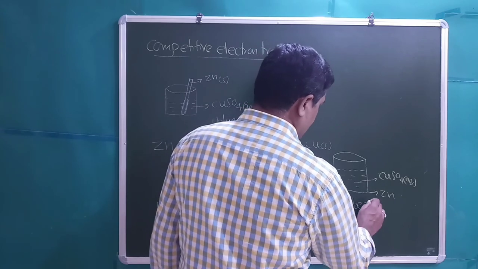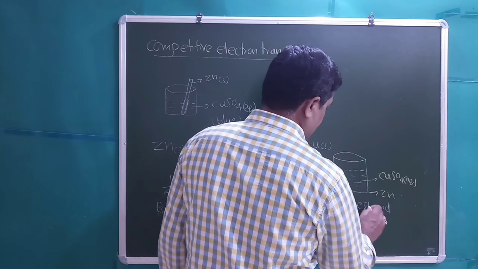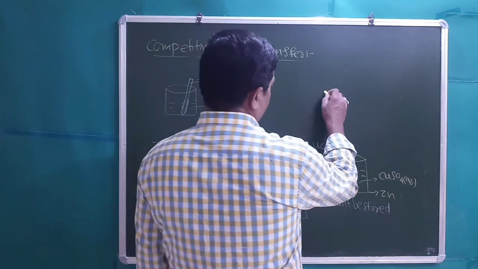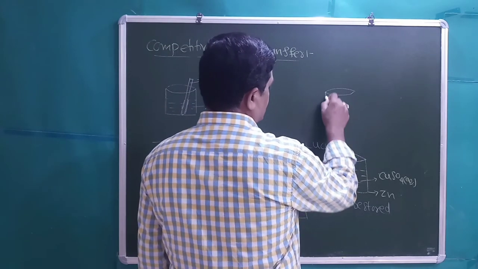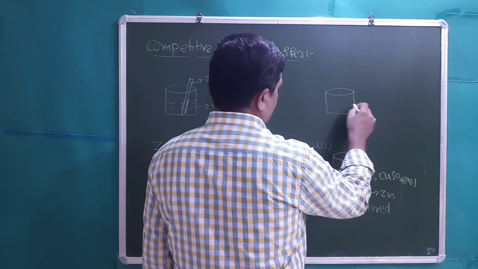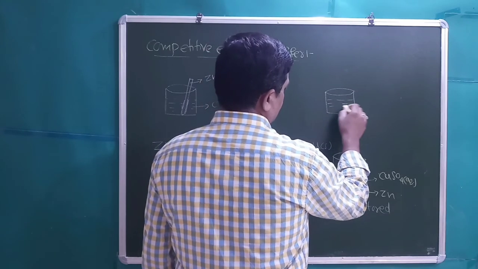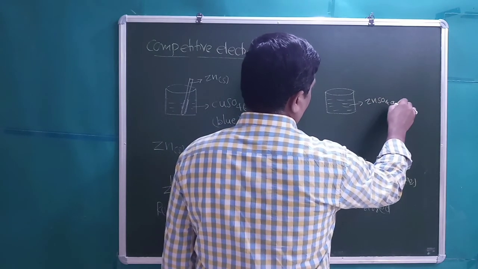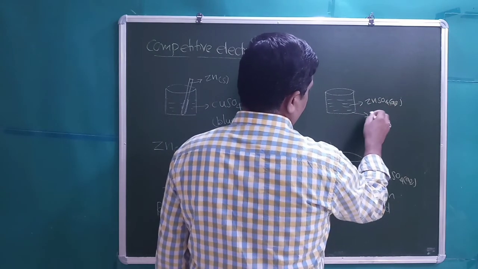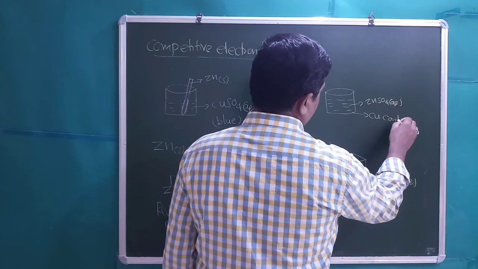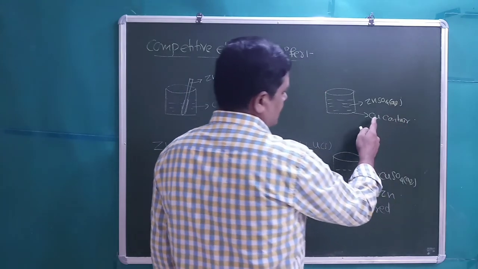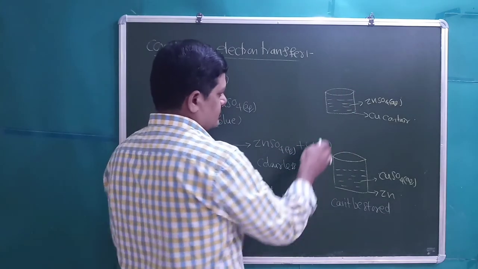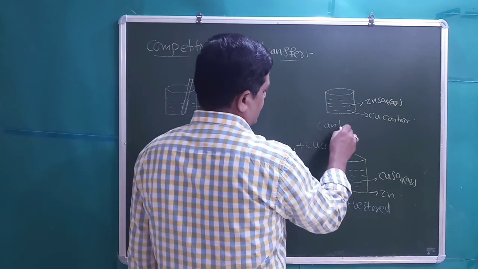In the reverse case, let us assume that zinc sulfate solution, ZnSO4 aqueous, is present in a copper container. Yes, we can store this because copper cannot displace the zinc.